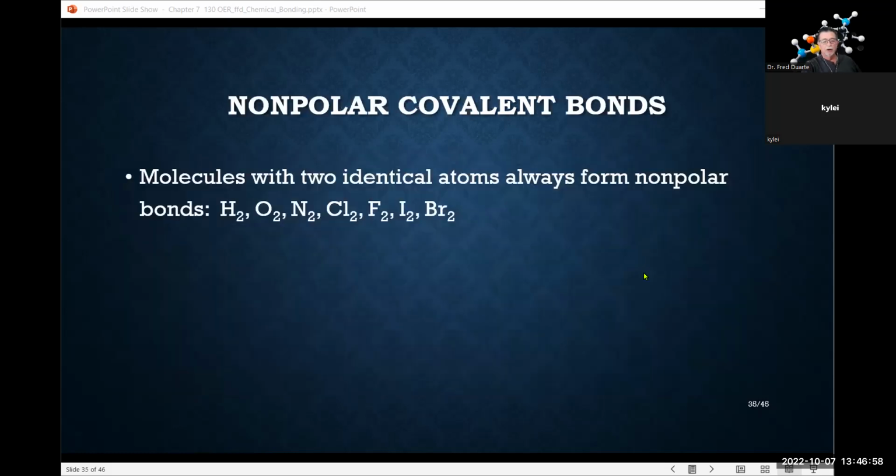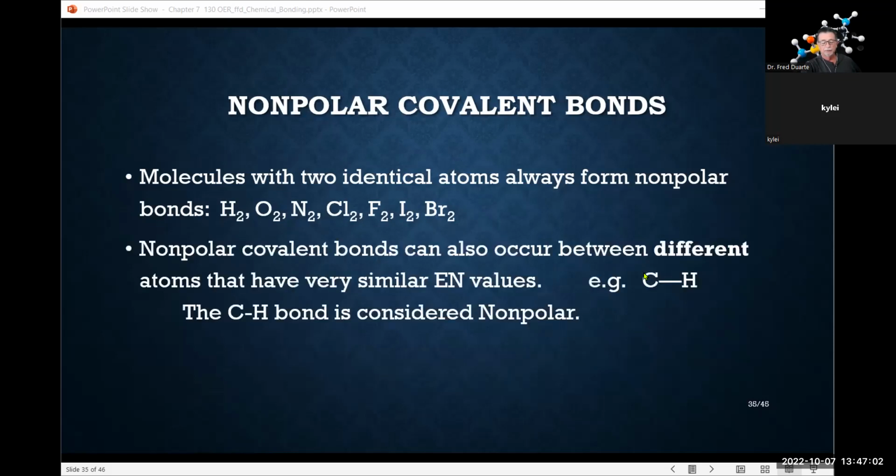Okay, so all the covalent compounds are nonpolar bonds, okay? Including the carbon-hydrogen bond, which is considered to be a nonpolar bond. And if you think about it, a lot of the oils, like vegetable oils and so forth, a lot of them are just simply carbon-hydrogen bonds. And we know that they're very oil-like, and they won't dissolve in water, okay?